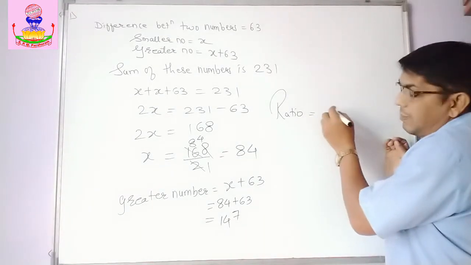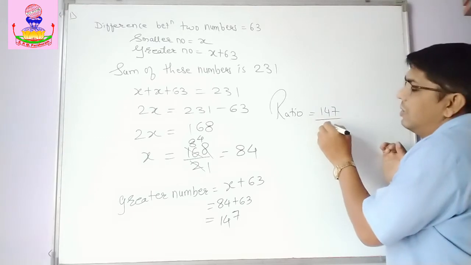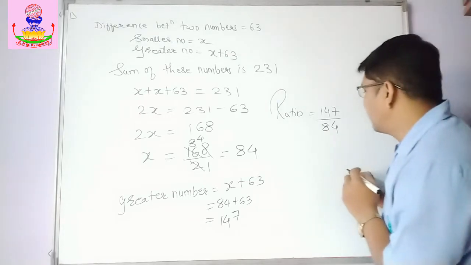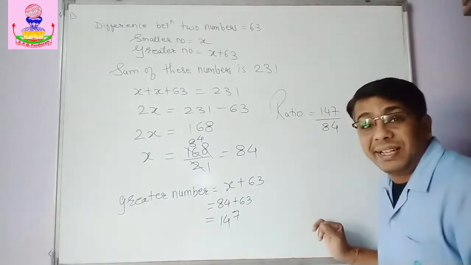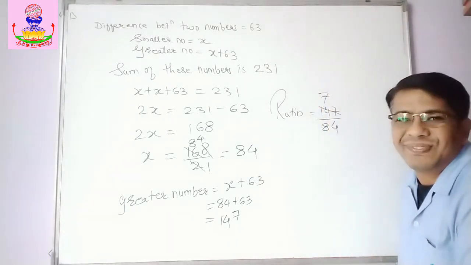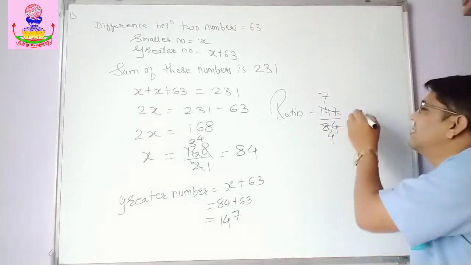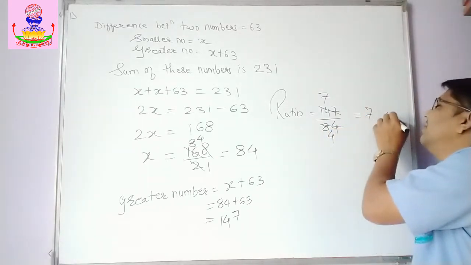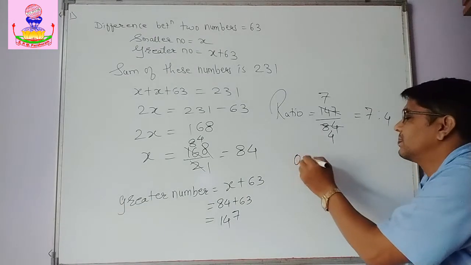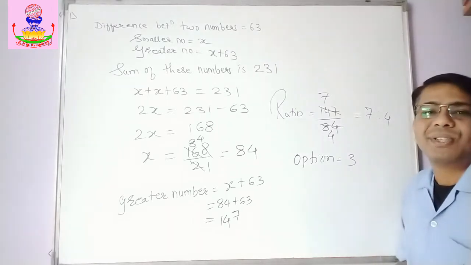So the greater number is 147 and the smaller number is 84. If you know the tables, it's well and good. 21 sevens are 147, and 21 fours are 84. So what is the ratio? 7:4. And option number 3 is the right answer.